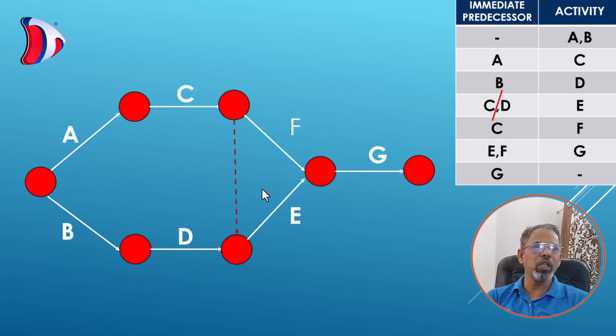Here we have seen that we have introduced a dummy between activity D and E to give rise to E, and this is how we have to introduce dummy activities in the network diagram.